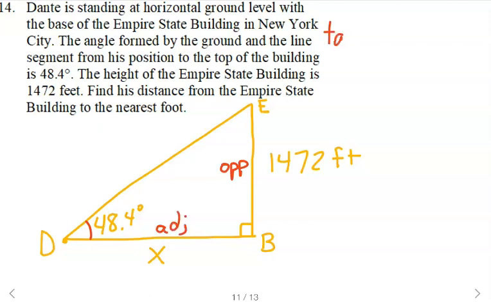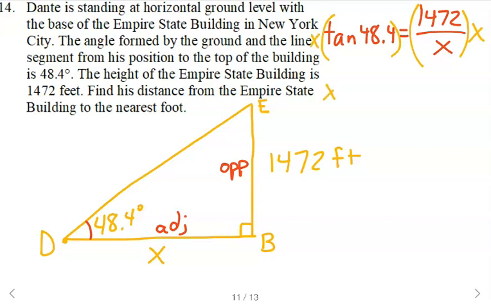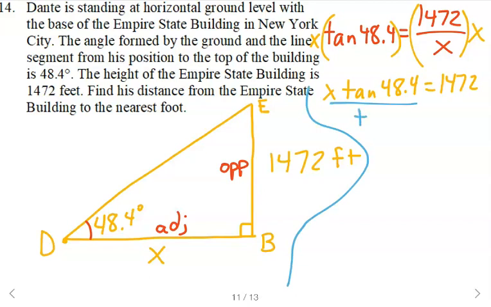So tangent 48.4 degrees is equal to 1,472 divided by x. Trying to solve for x, so we'll multiply both sides by x. So we have x tangent 48.4 degrees equals 1,472. Trying to solve this for x, we'll divide both sides by the tangent of 48.4 degrees.